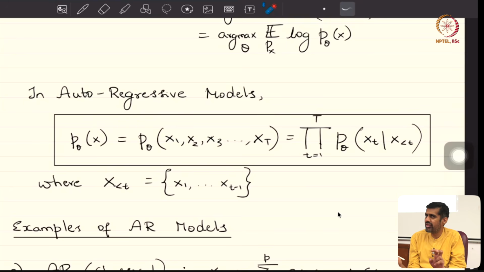See, the temporal notion of sequentiality is only notional. What I mean by that is that if you take a sentence, the words have a temporal notion to it, right. A given word precedes a particular word and so on. But if you express an image as a sequence, then there is no notion of temporal sequentiality anyway.